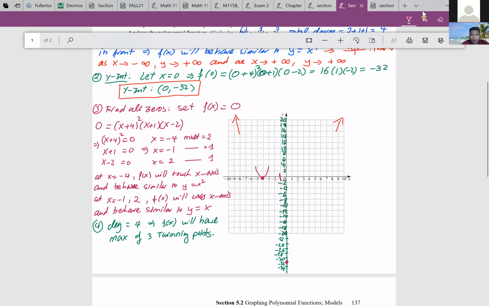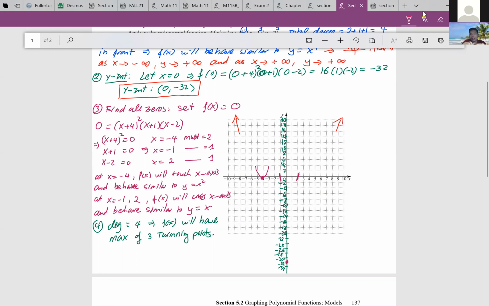And then at positive 2, it also crosses. So those are the 3 x-intercepts that we can fit in together with the y-intercept. And you can see how the graph will look already.